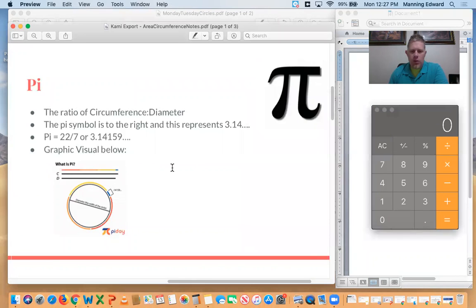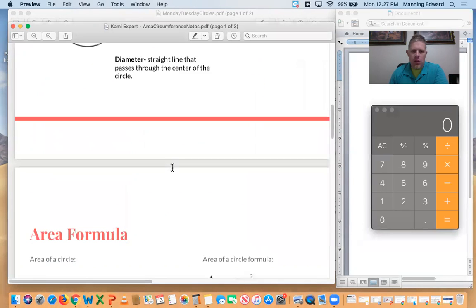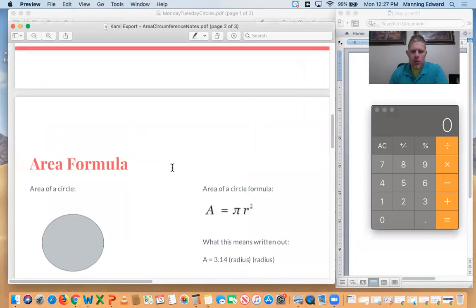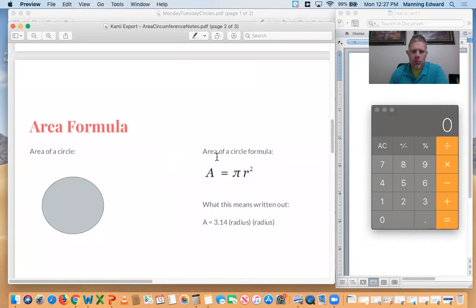All right, so let's go over here and let's go down. So we got the area of a circle. The area formula. You guys might have memorized this already. Like I said, we went over at the end of January, beginning of February. Area equals pi, which is of course 3.14 times the radius squared.